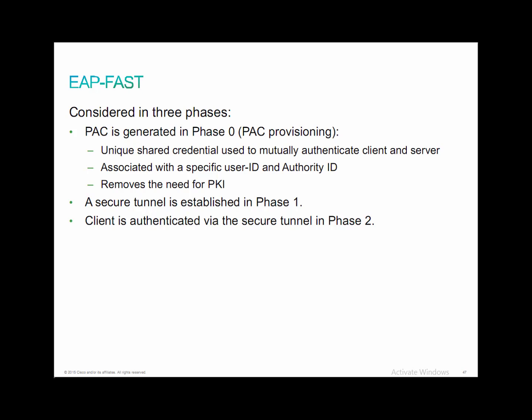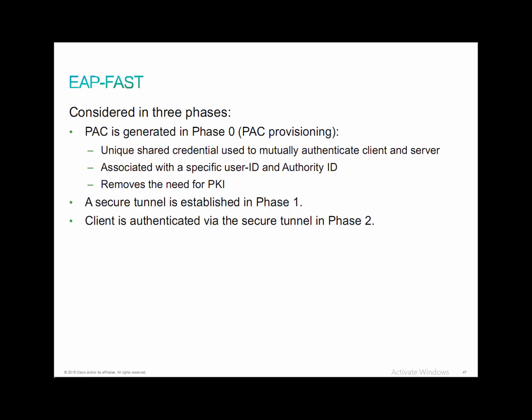And that's typically what happens in most environments. In Phase 1, the AAA server and the client use this PAC to authenticate each other and establish the secure tunnel. Very similar to TLS, to verify the identity of the AAA server, to establish a secure tunnel between the client and that server, and so on.